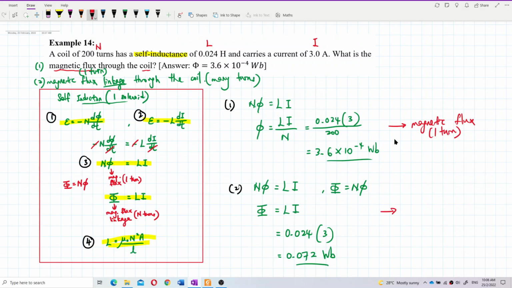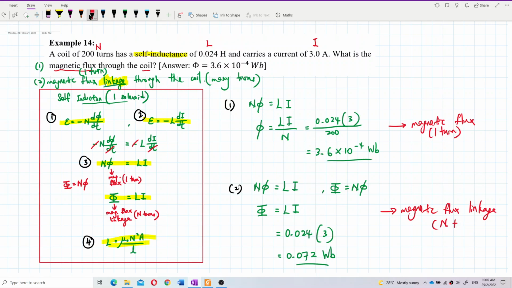But if the question has the word linkage, then you need to find the capital phi. If it is about magnetic flux linkage, then it is many turns, or N turns.